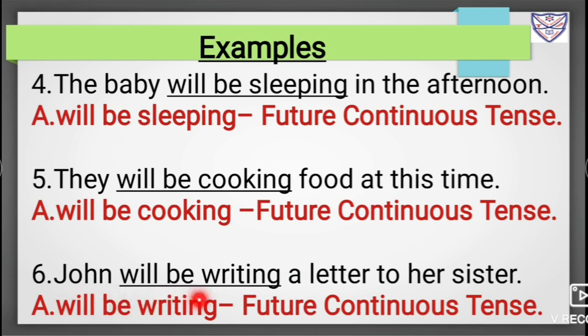Therefore the verb will be writing is said to be in the future continuous tense. Why? Because the verb will be writing shows an action that will be going on or continuing somewhere in the future time. Still it has not started, but it will take place in the future time, which will be going on or continuous.